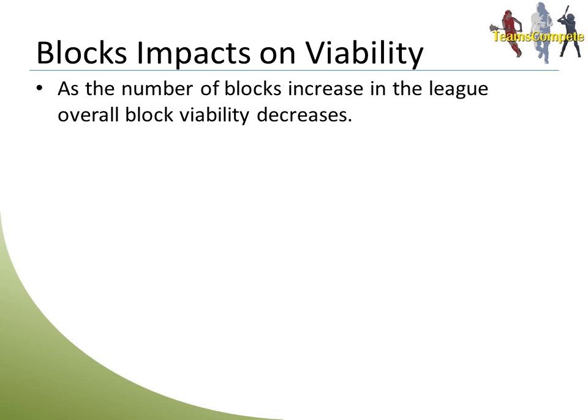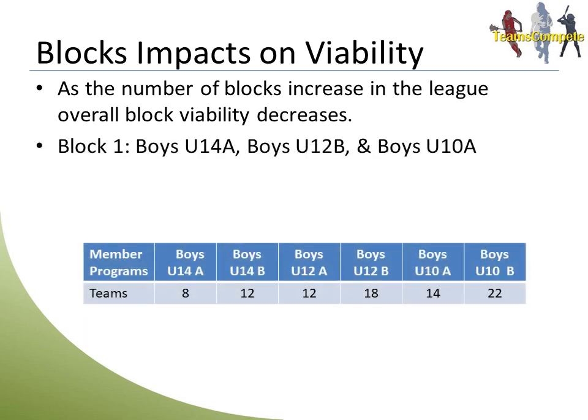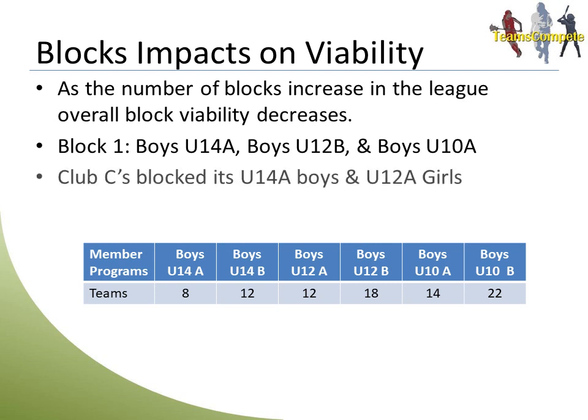Let's take the table that we've been working with and add a couple of additional twists. Let's assume that the division that we are working in is a boys division. In addition, let's assume that Club C has added a block that includes a U14A boys team and a U12A girls team.